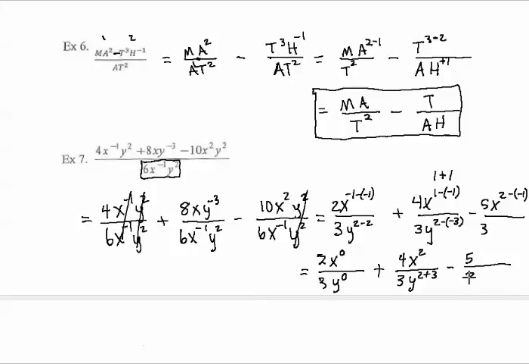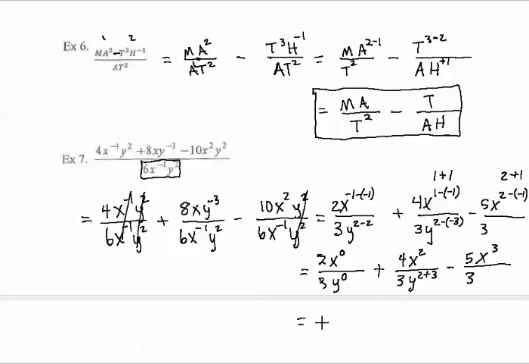And for our last fraction, this x, 2 minus negative 1, is simply just a 2 plus 1. So we write x to the 3rd power. And all of the other variables canceled out. So this last fraction is finished. But now the first two fractions, we have a little more to do.